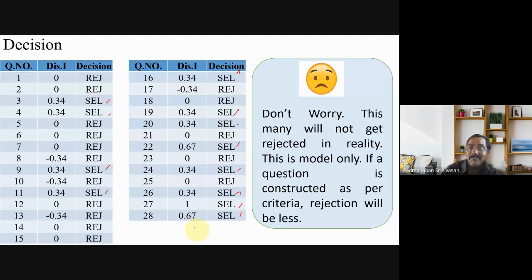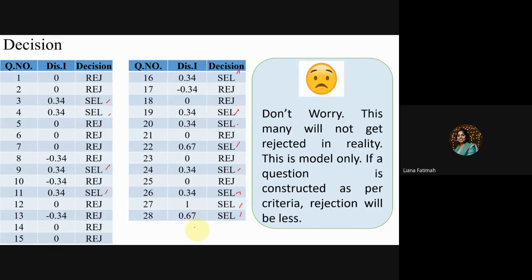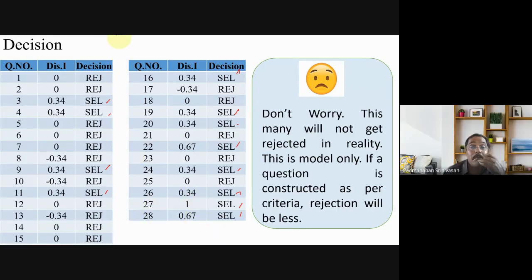Why is this coming? Why only a few questions got selected? Is it that they were not made following the criteria? No, they would have been made following the criteria. The questions are made correctly, but the problem is maybe the sample number is very small.